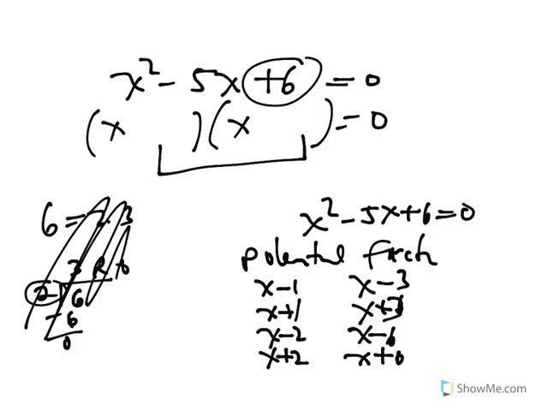These have a chance to work because there's a 6 here. This is assuming everything's integers, because this times this has to become 6, so I need to have either a 1, a 2, a 3, or a 6.